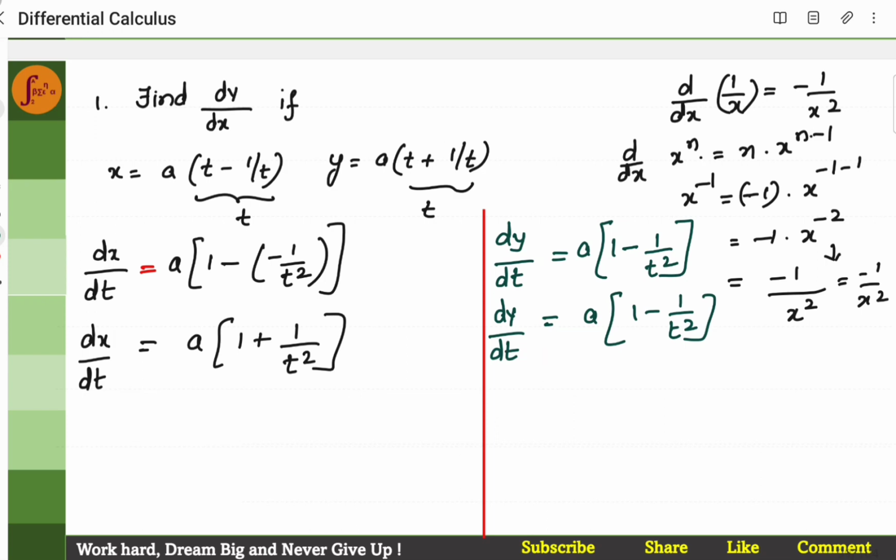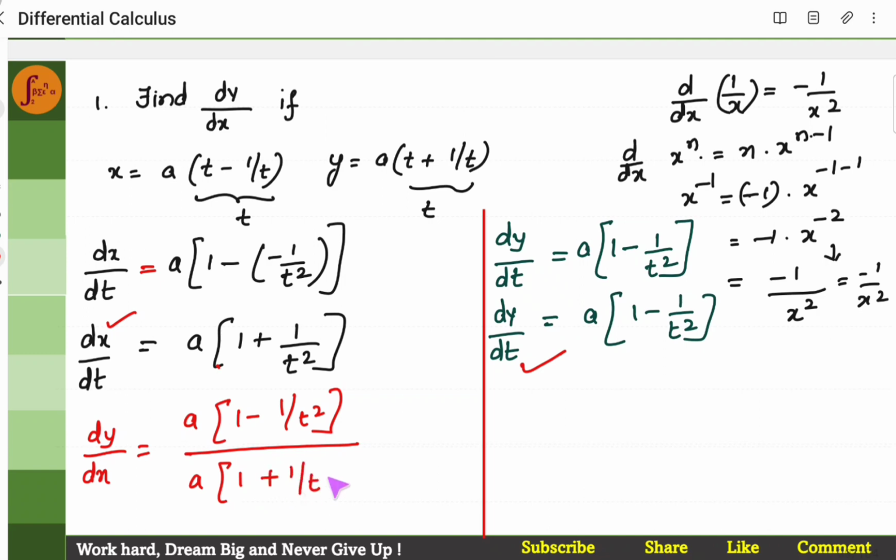Now I need to find dy by dx. So remember one thing, it's dy by dx. So first one should be related to dy, this one. So this should come in the numerator because this is dy and this is dx. So dy is a into 1 minus 1 by t square divided by this one, a into 1 plus 1 by t square.